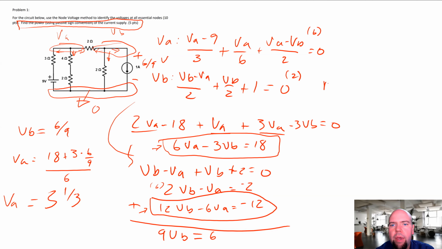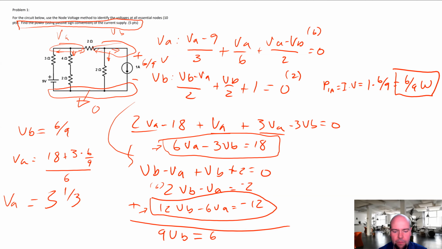So power for the 1 amp supply is going to be, because my 1 amp current is entering the labeled positive terminal of that 6/9 volts, I times V. That's going to be 1 times 6/9, which is 6/9 watts. 2/3, I guess. I don't know why I'm saying 6/9. 2/3. So all 6/9, the number formerly known as 2/3.